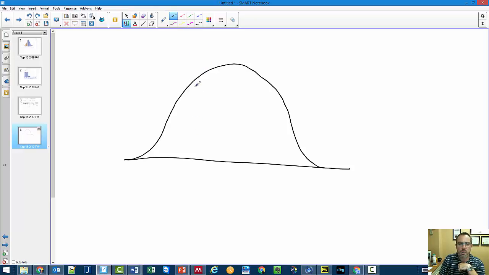We're going to use things that are called z-scores in order to do that. But the idea is the entire area equals 1, or I like to think of it as 100%.